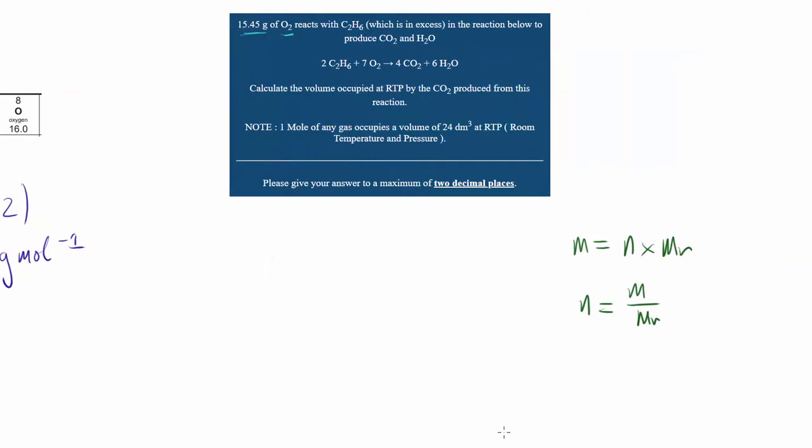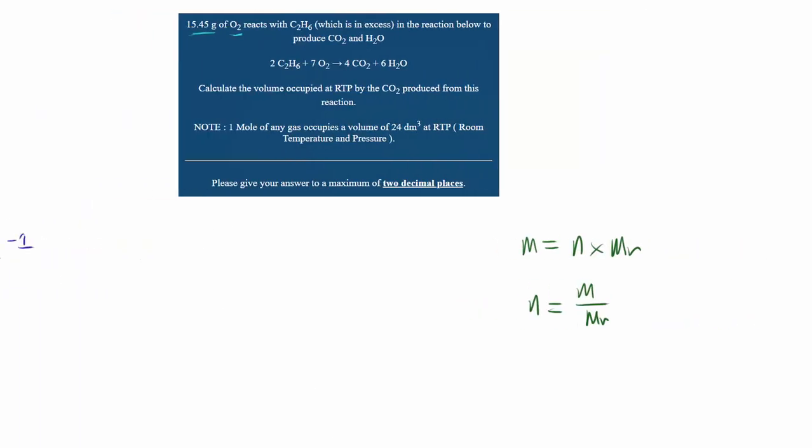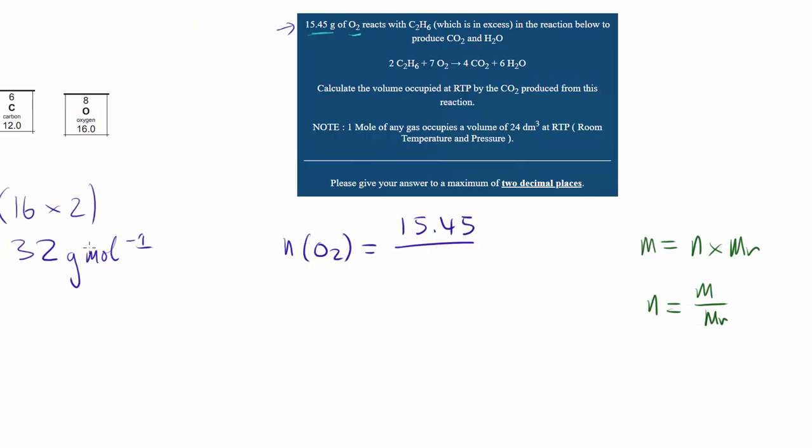Now, we can use that molar mass value to work out the number of moles, using the mass value that we've got in the question. So the number of moles for O2 is going to be equal to 15.45, which is the mass that we've been given here, divided by the molar mass, which, as we worked out, is 32, right?